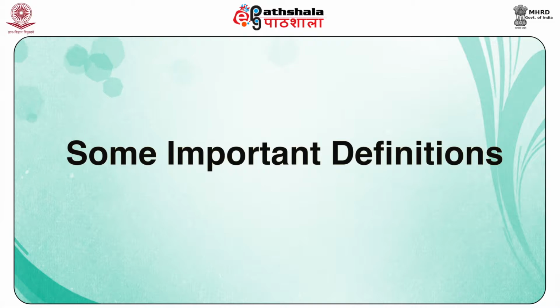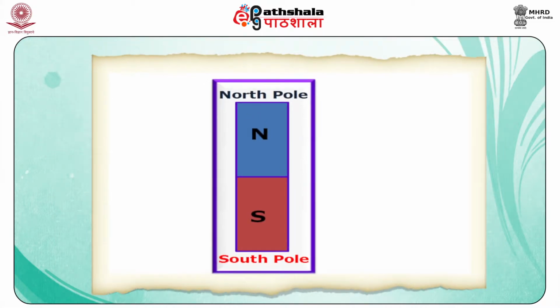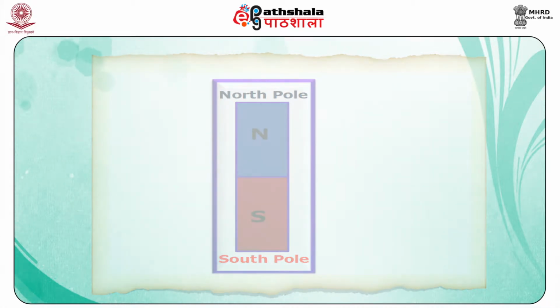Some important definitions. A dipole consists of a positive and a negative pole separated by a small distance. A pole is where the magnetic effect is strong, whether it is the north or the south pole.